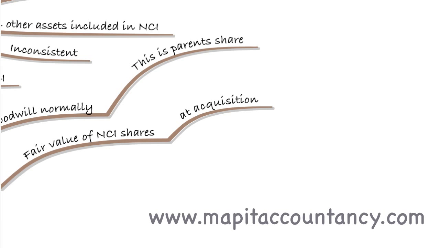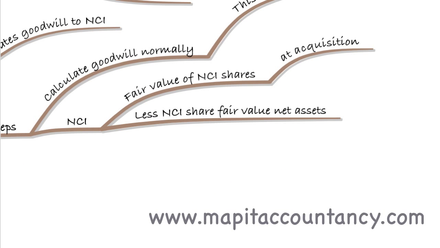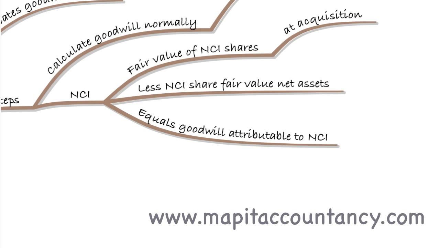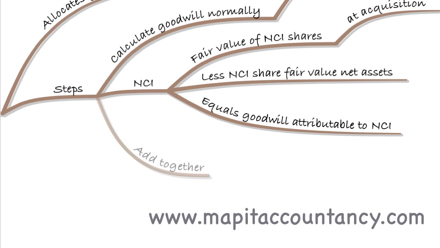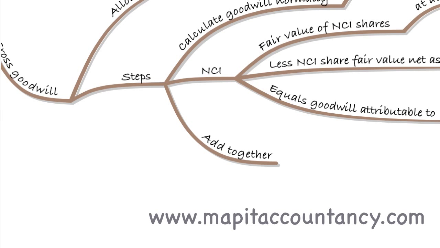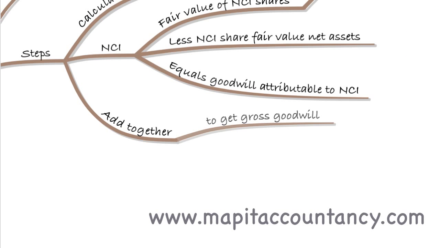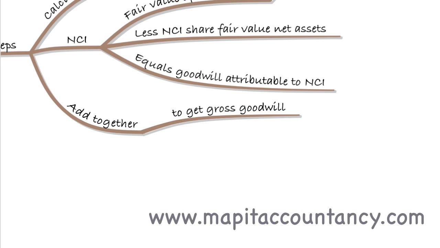So we need that at acquisition, and we'll subtract from that the non-controlling interest's share of the fair value of net assets in working 2. So there's non-controlling interest share of the fair value of net assets from working 2, and that gives us the goodwill attributable to the non-controlling interest. We then add together the parent's share and the non-controlling interest share, and that gives us gross goodwill.